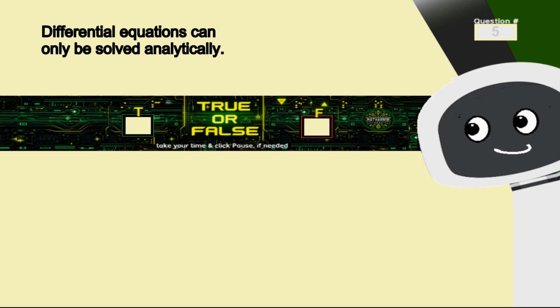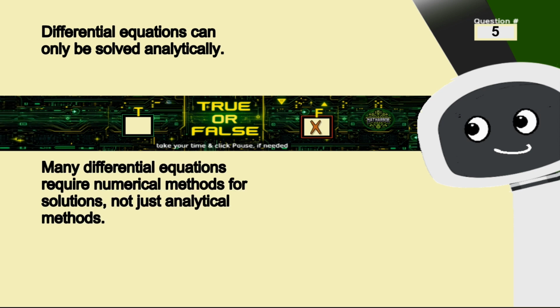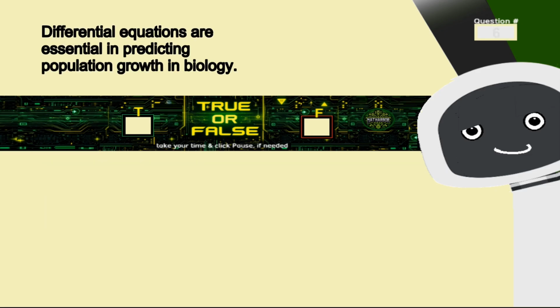True or false? Differential equations can only be solved analytically. That's false. Many differential equations require numerical methods for solutions, not just analytical methods. True or false? Differential equations are essential in predicting population growth in biology.